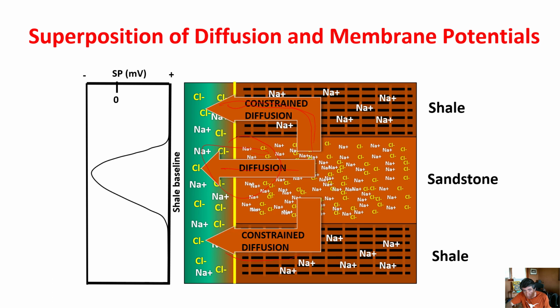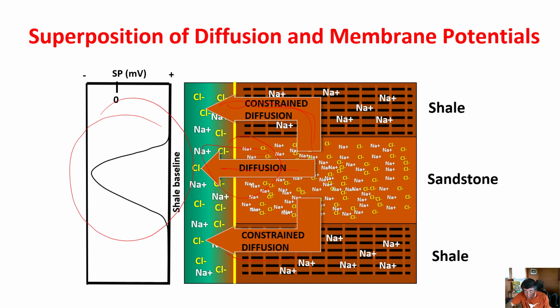And the equilibration that takes place through the shales will be governed by the membrane potential. So in consequence, the spontaneous potential that we measure is going to be the result of the electric field generated by the separation of charge by the two phenomena, the membrane potential through the shales or the diffusion potential.